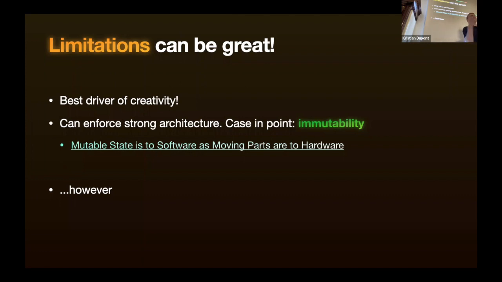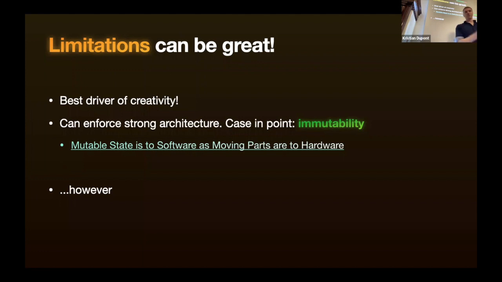It means that I have this variable and I'm not allowed to change it. I'm only allowed to make a copy of it that has different characteristics. That is positive because it enforces an architecture that just happens to work much better with concurrency and with a number of different patterns that we use that just helps.